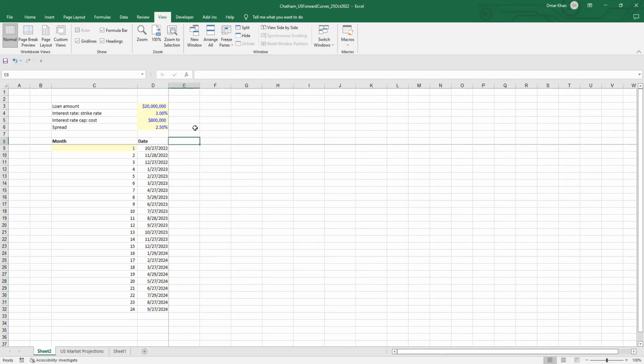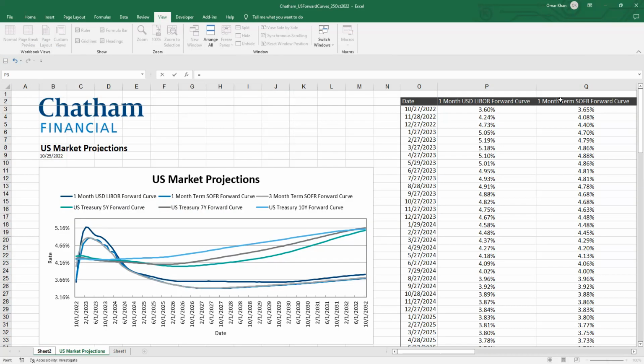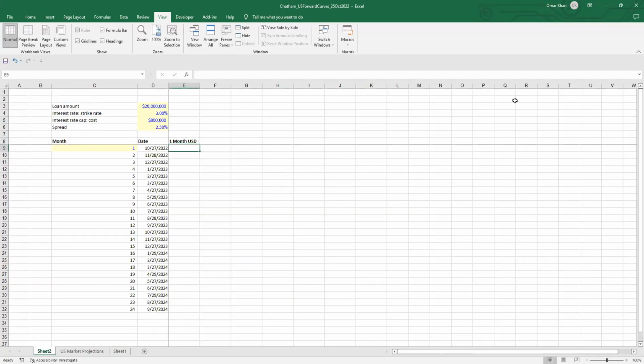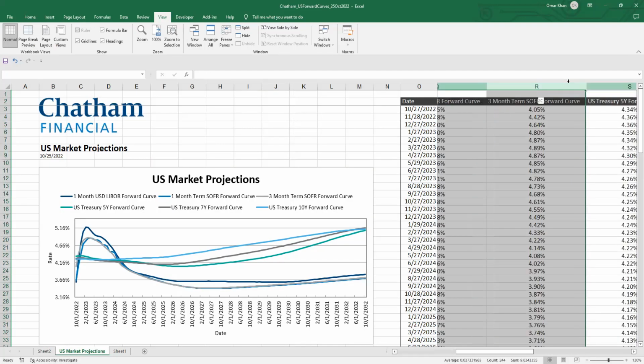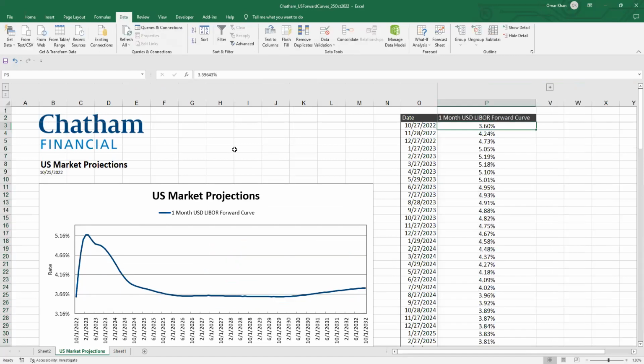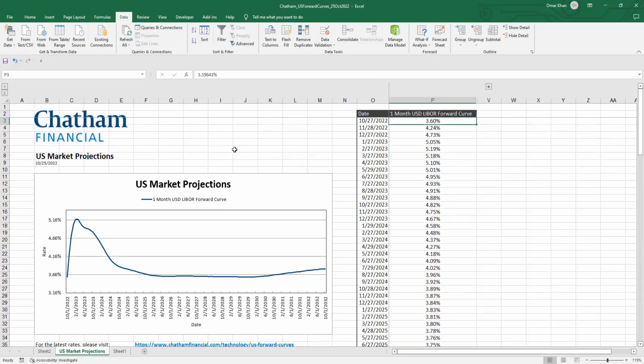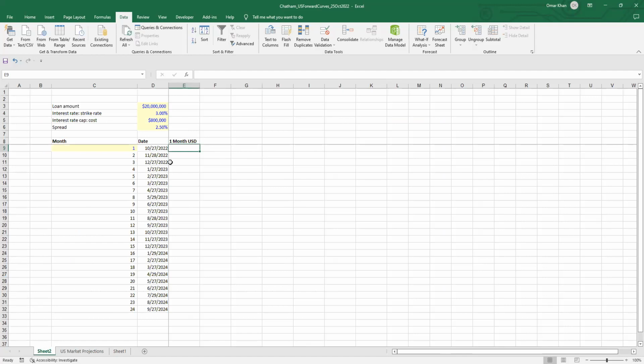So what we're also going to do is say, hey, what is the 1 month LIBOR curve over here? Let me hide all of this stuff, so we just look at one thing. What is the 1 month USD LIBOR? It could be SOFR, it could be LIBOR, you name it. It's the 1 month USD LIBOR.